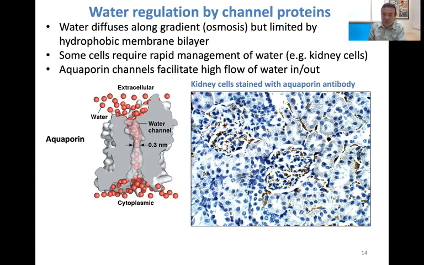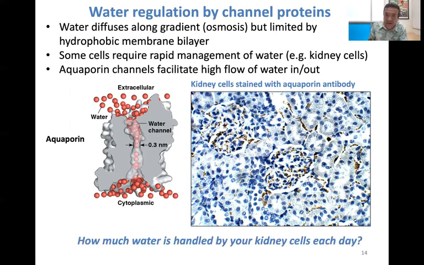So how much water do the nephrons of your kidney deal with every day? A typical person's body has between 4 to 6 liters of blood. Six is kind of on the high side. It's probably more like 4 to 5 liters of blood. Most of that is water. So how much actually gets handled by these cells in your kidneys?